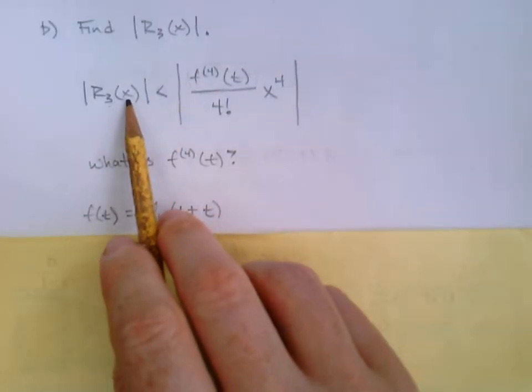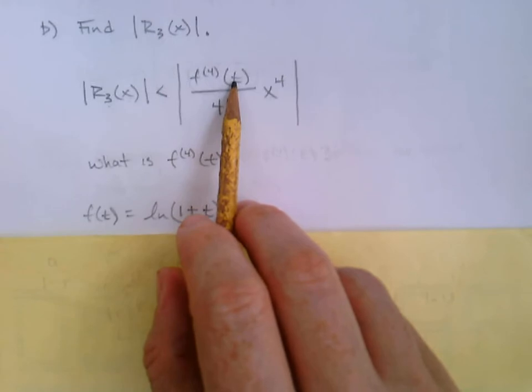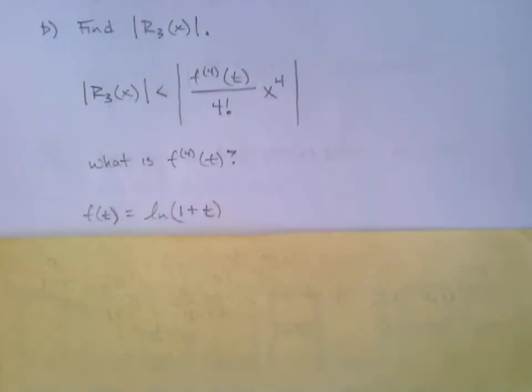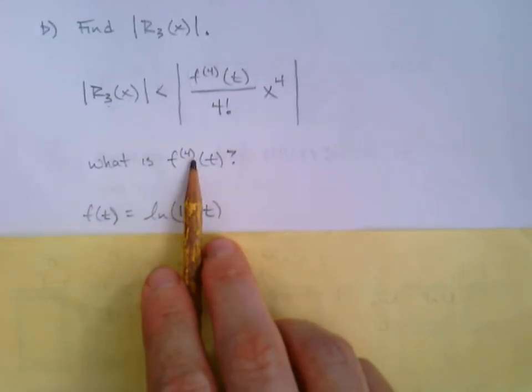We are already using the variable x here. This needs to be a different variable, and so somebody said, let's use t. I don't think it's because it's a Taylor series. I think t is just another common variable letter to use. All right, so to begin, we need the fourth derivative of that.